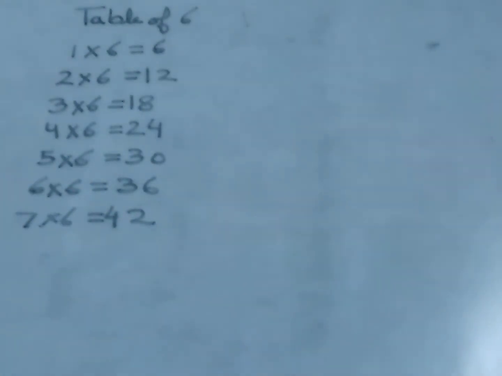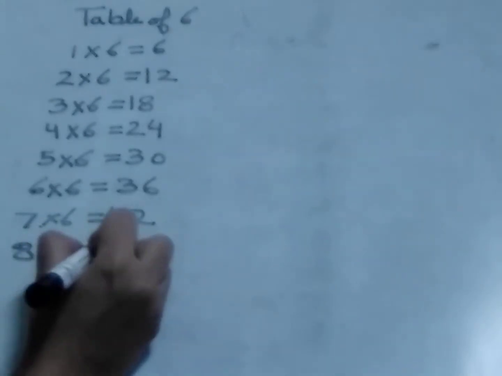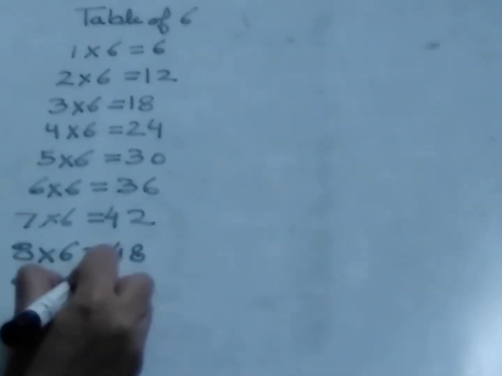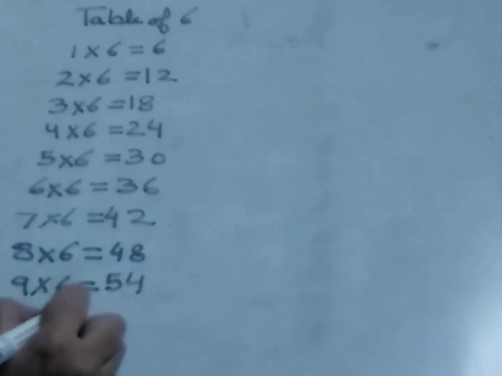Either you can write 6 7s or 7 6s, both are same. 8 6 are 48, 9 6 are 54, 10 6 are 60.